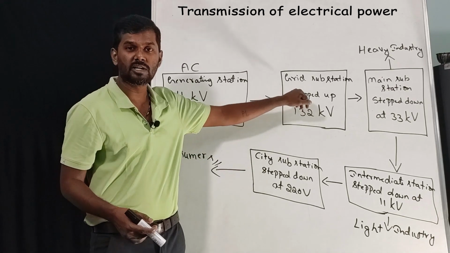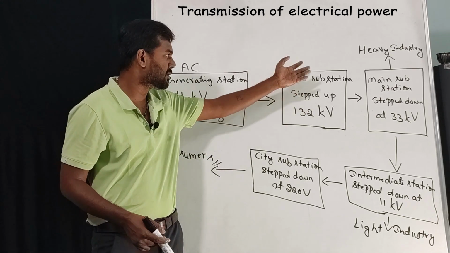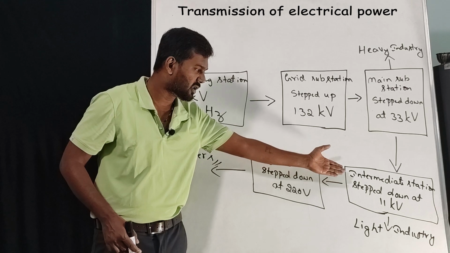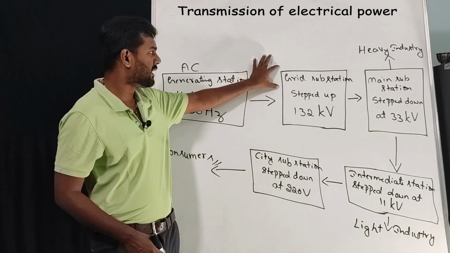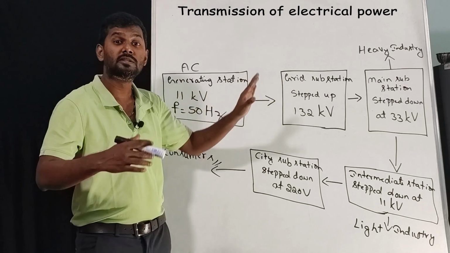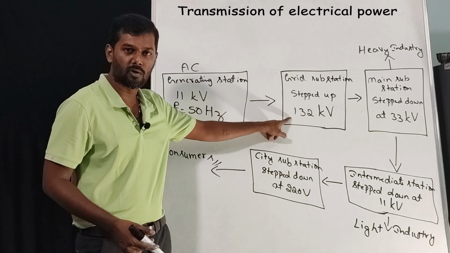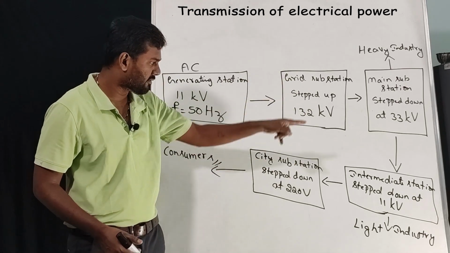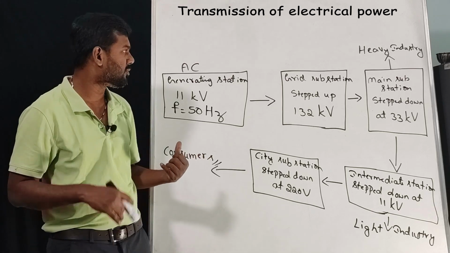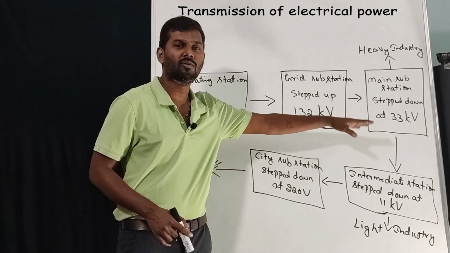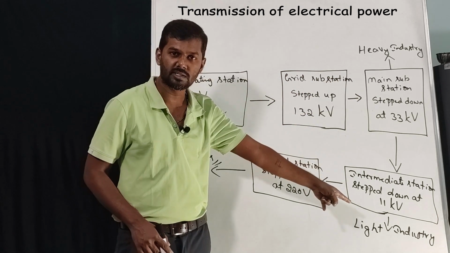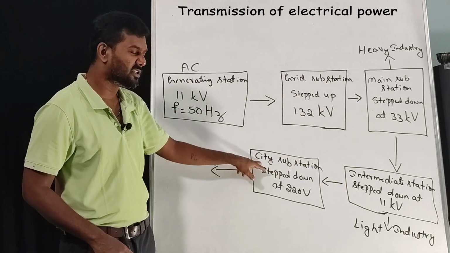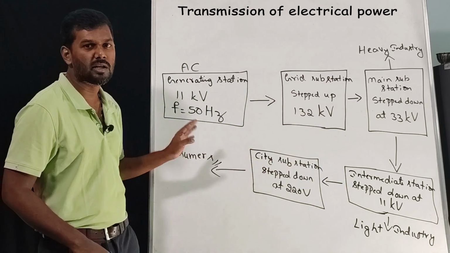Then which type of transformer is used in the grid substation, in the intermediate substation, in the main substation? Only in the grid substation we are using a step up transformer to increase the voltage, everywhere else we are using step down transformers only. Then why 33 kilovolts is given to heavy industries, 11 kilovolts to light industries, and in the city substation it is given to consumers.